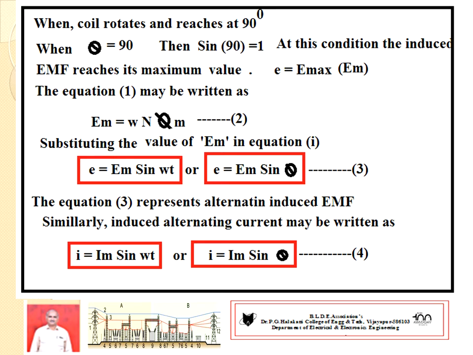You give the equation number 3. This equation represents the alternating induced EMF equation. Similarly, the induced alternating current may be written as i equals Im sin ωt, i equals Im sin theta, as per equation 4.